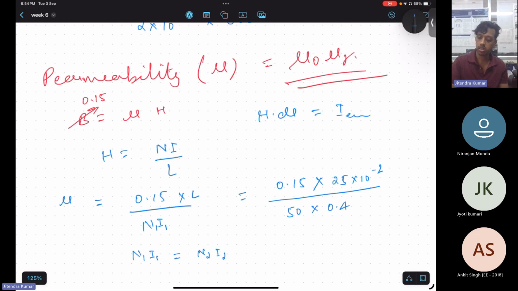So if you calculate, you will get 1.8 milli Henry per meter, isn't it? Henry per meter.